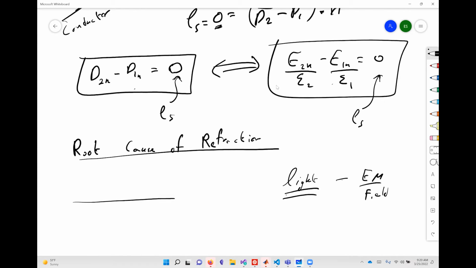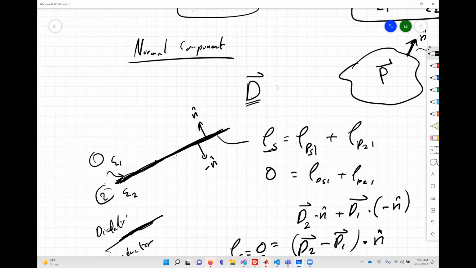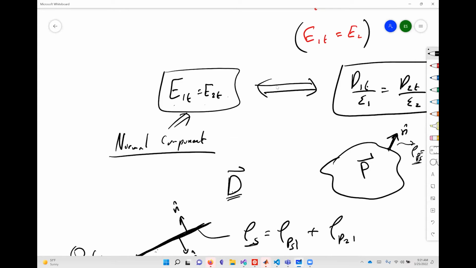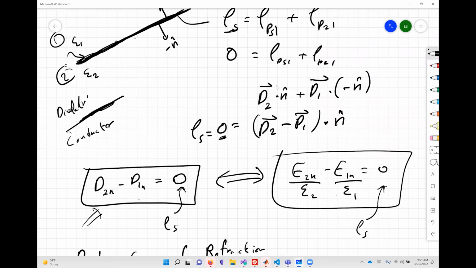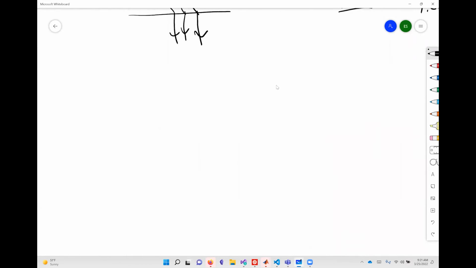If you have two different materials and light is coming in, light is gonna refract, bend. Those boundary conditions are actually the root cause of this refraction. So let's do an example and show how that happens.